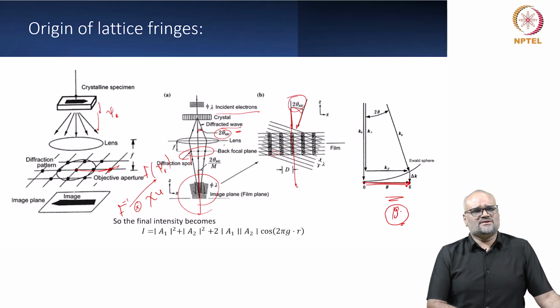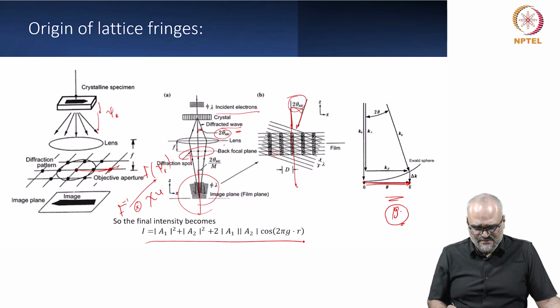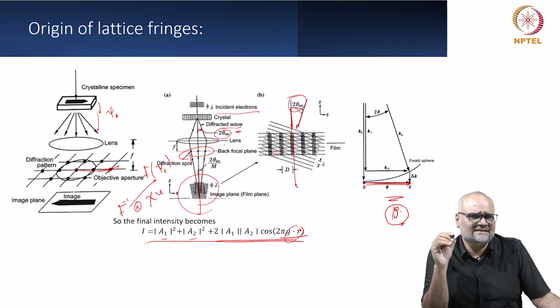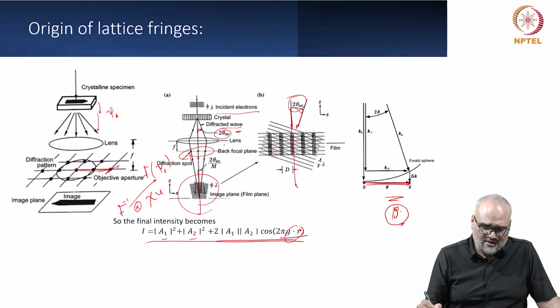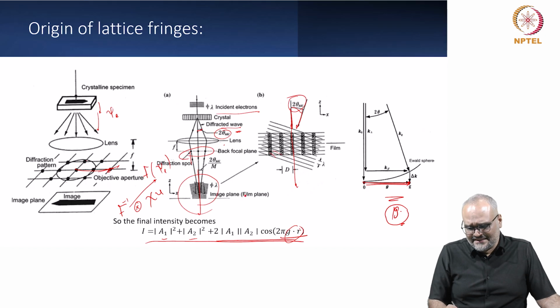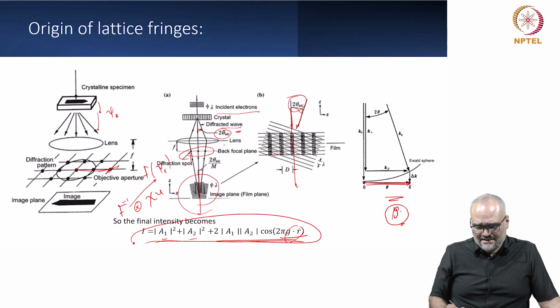The final intensity that you are recording, as we showed in the previous slide, is A1 square plus A2 square plus 2 times A1 A2 cosine of G dot R. What is important here is that the phase of the electron wave is modulated by the lens aberrations, and in the intensity recording from a single image you only get the intensity variation but not any phase information.